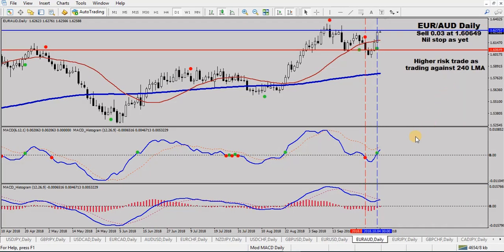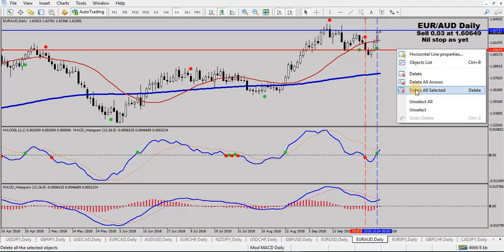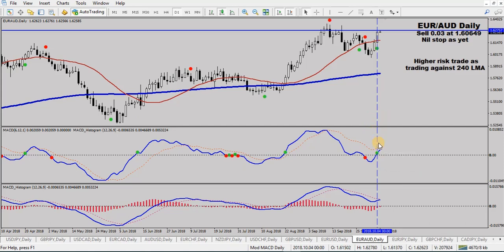Euro Aussie. Right, I was in a sell, and this morning had a confirmed cross of the fast MACD. So that sell has been closed for a loss. So the sell is no longer in play, and because there is a green QMP dot, price closed above the 25 SMA.